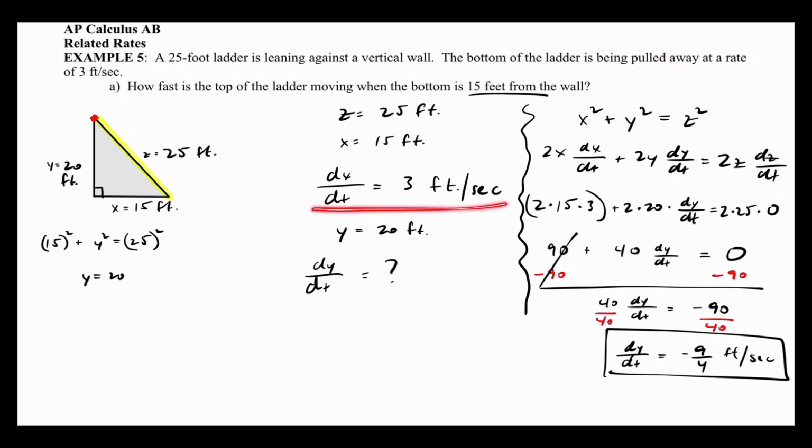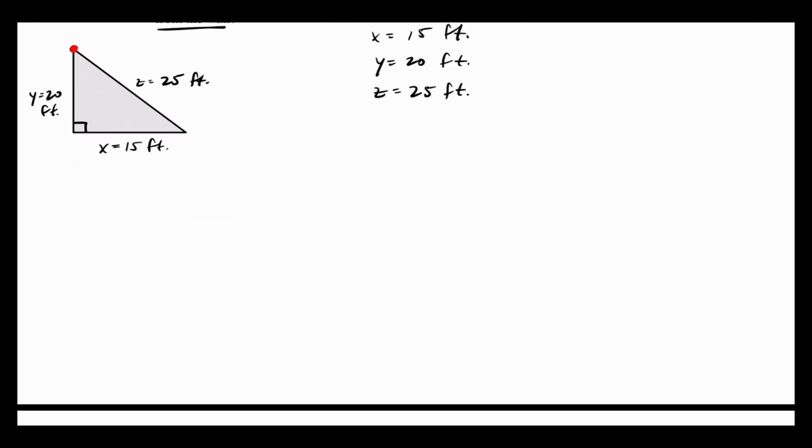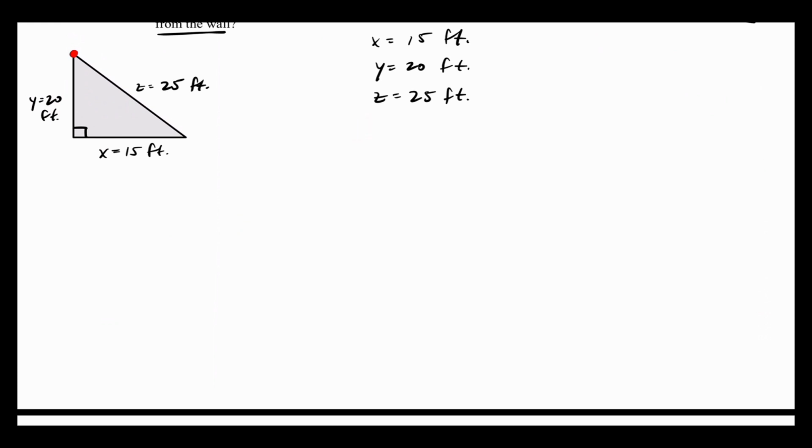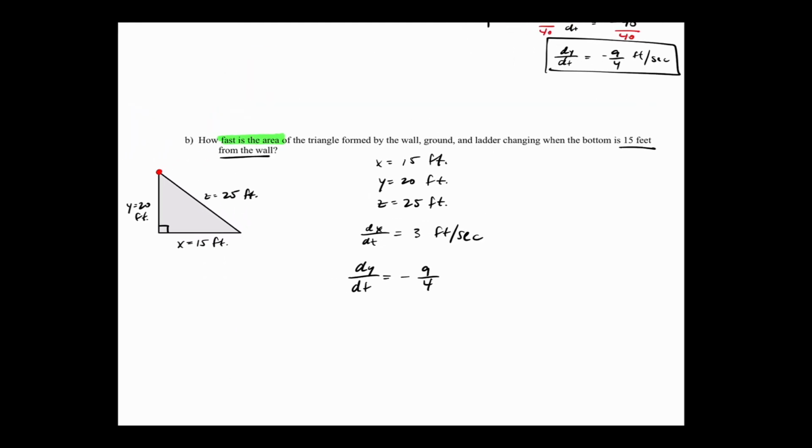So that's what gave us this. So we're still going to use that. dx dt, three feet per second. We actually know dy dt now because that's what we solved for on the last problem. It was negative 9/4 feet per second.